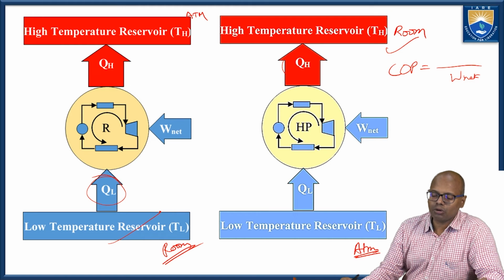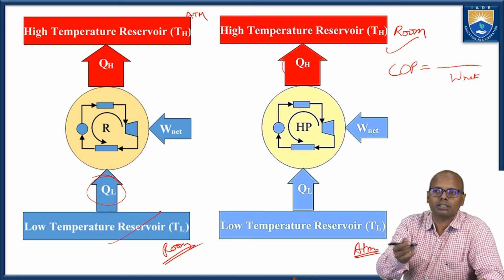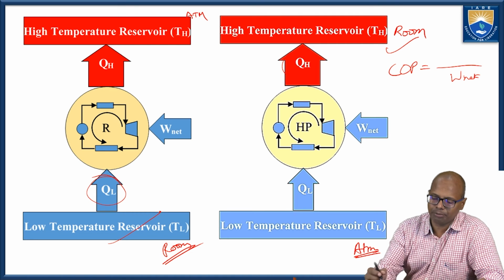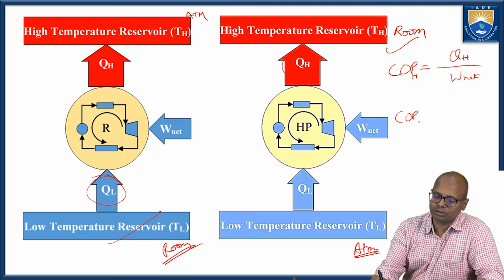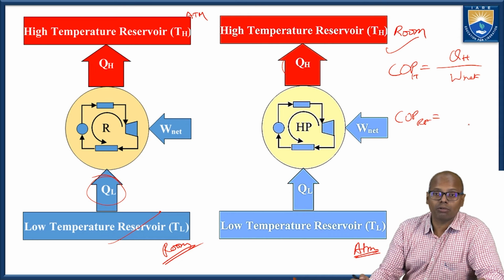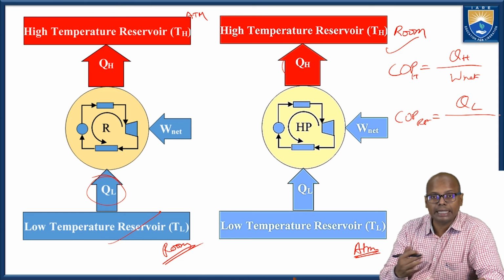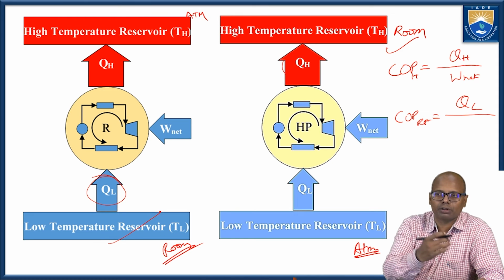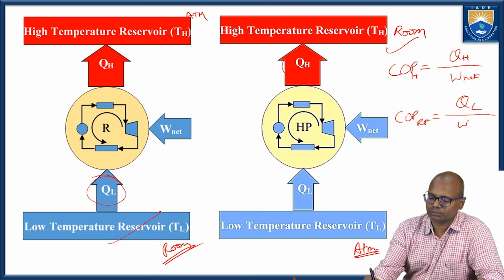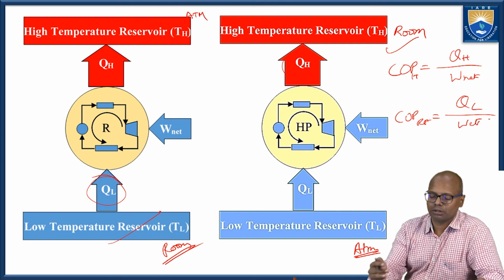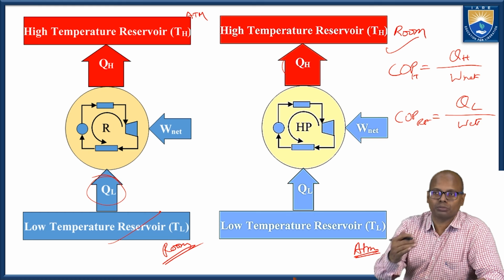Now if I want to find the COP of a heat pump, I have to take the amount of heat I am supplying to the room. If I am finding it for the refrigerator, I have to find the amount of heat I can take from the room.